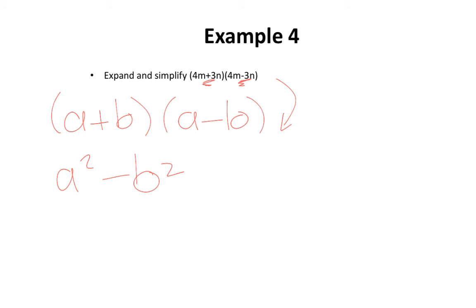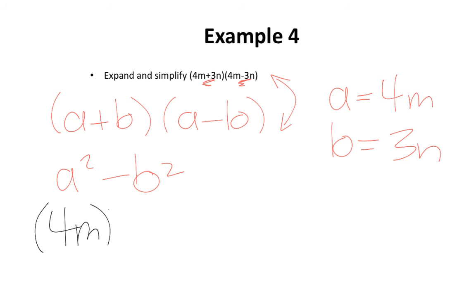If you look at these two sets of binomials closely, a represents 4m and b represents 3n. Therefore, I can substitute in these values into my shortcuts. So instead of writing a, I can write 4m to the power of 2.